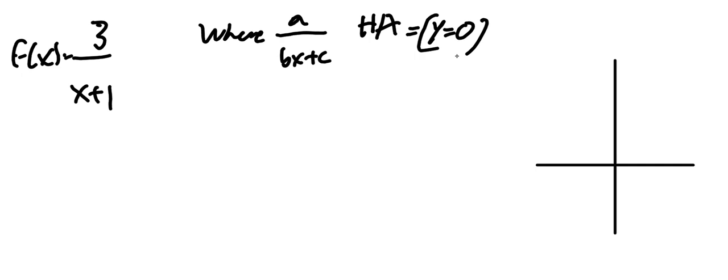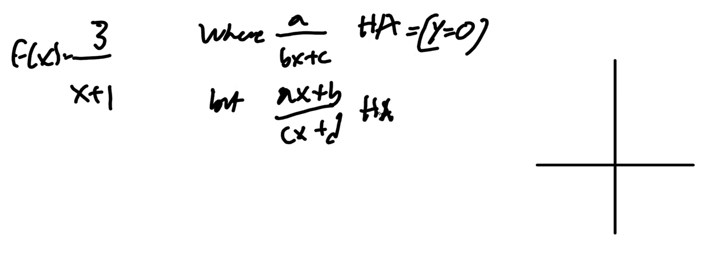But at, let's say, ax plus b over cx plus d, the horizontal asymptote is equal to a over c.